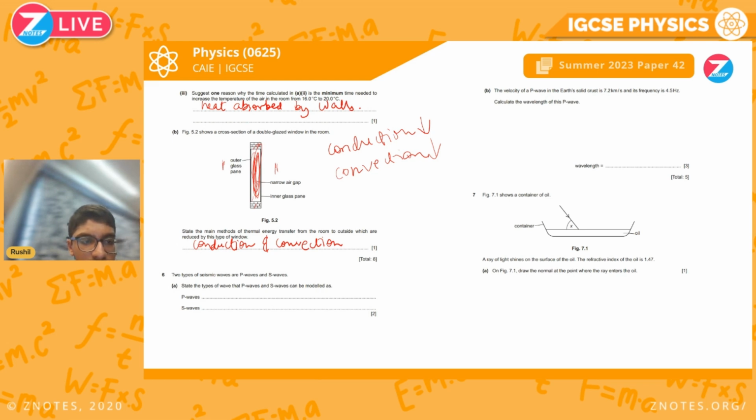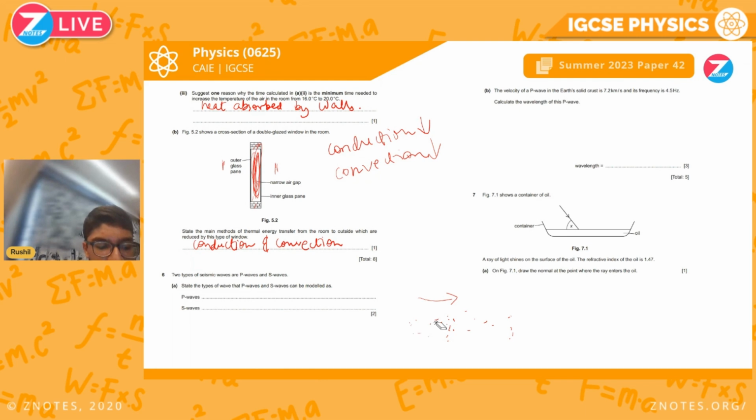Now, the two types of seismic waves are the P waves and the S waves. State the types of wave that P waves and S waves can be modeled as. So this we just have to know. There's not much to explain. We know there's two types of waves: longitudinal and transverse. Longitudinal waves are those where, if they're moving this way, the particles vibrate along the direction of motion, so there are rarefactions and compressions.